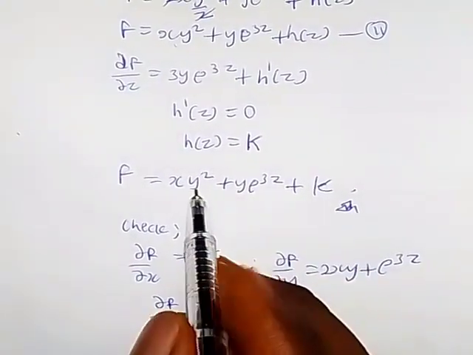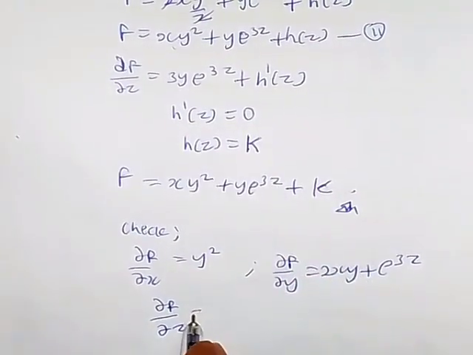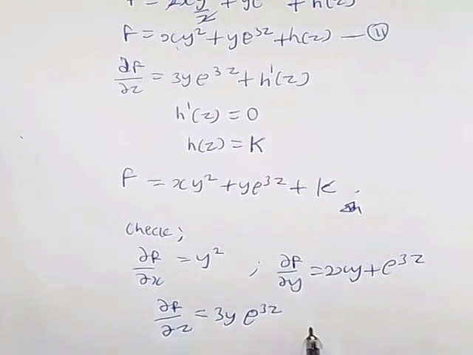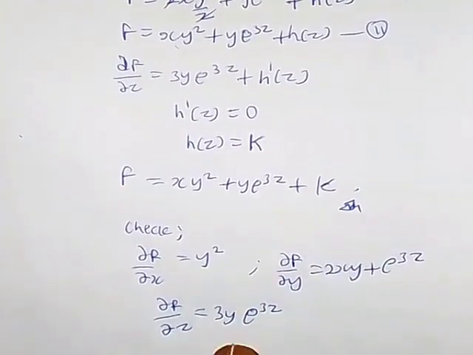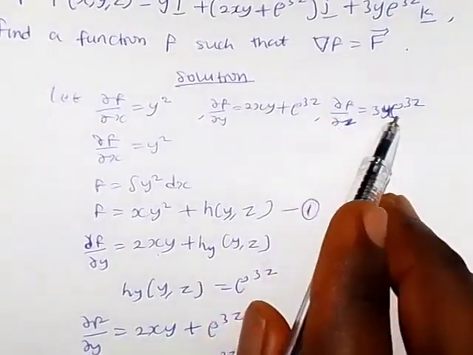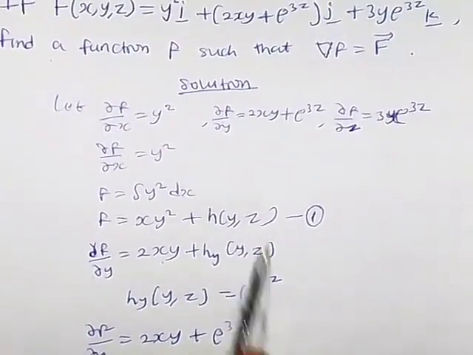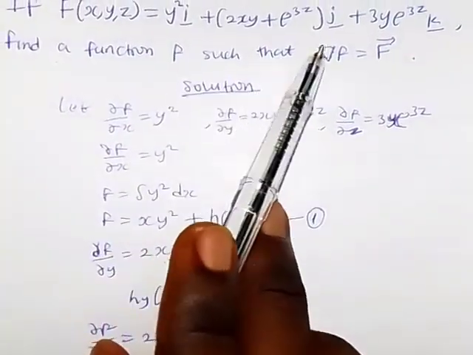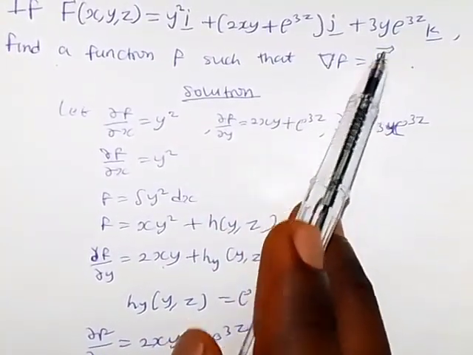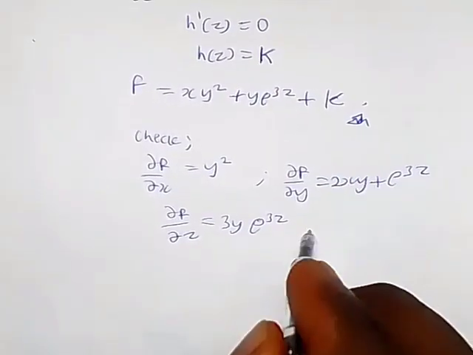And with respect to z, this guy will be 0, and we are going to have 3y exponential 3z. This will be 0. So let's compare. So we have partial f partial z to be this. So this is indeed our function f, such that when we take the gradient of this potential function, we have capital F, which is our vector field. So we are done with the proof. Thanks for watching.